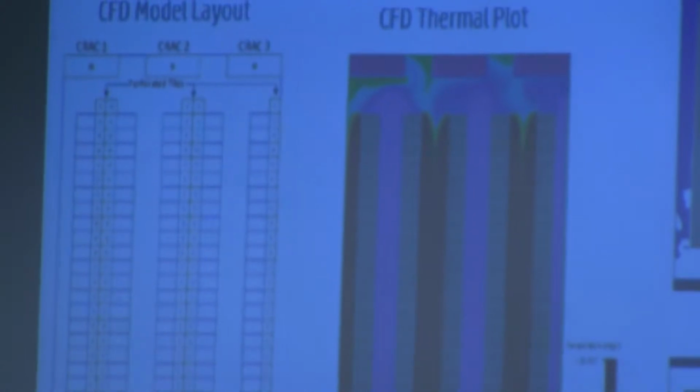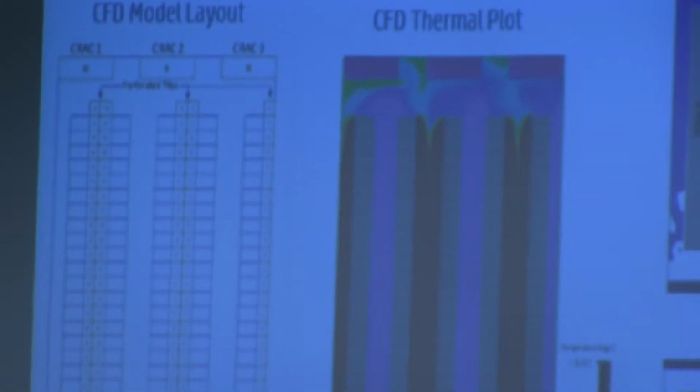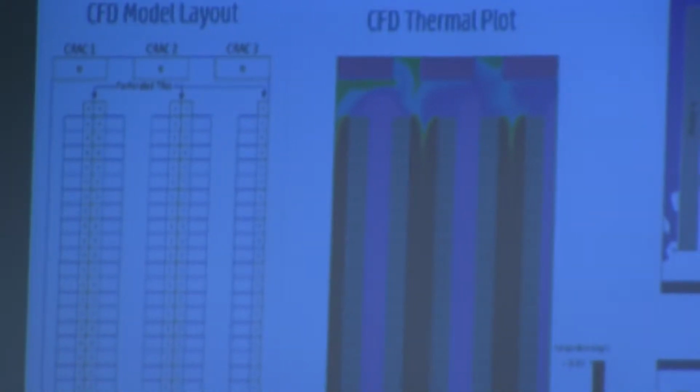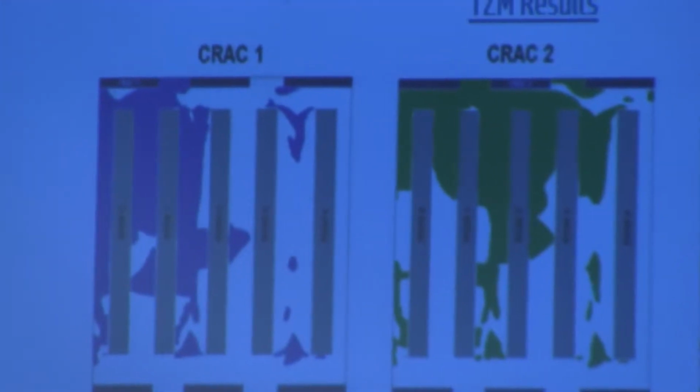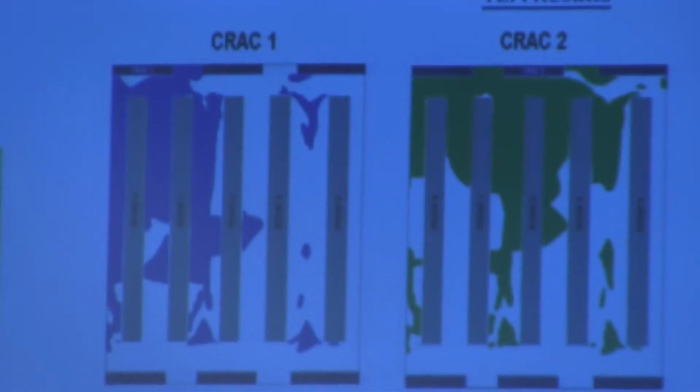So we use this data, we perform some formulations, and we calculate a thermal matrix that we call thermal correlation index.